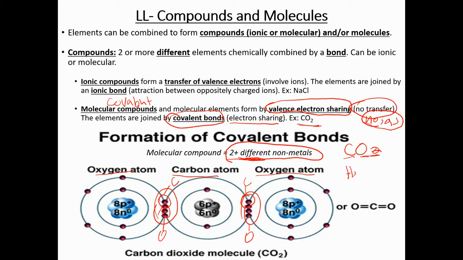So for example, H2, this is a molecule, but it's not a molecular compound. It's a molecular element. And that's because it's two of the same connected to each other. Here it's two different, so this is a molecular compound. But nonetheless, because it's two different non-metals connected to each other, this is still going to be considered a covalent bond that is holding them together.